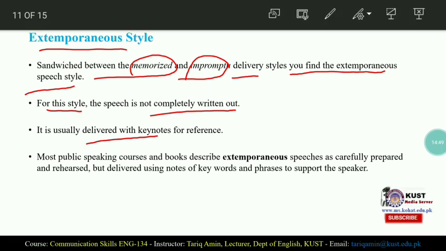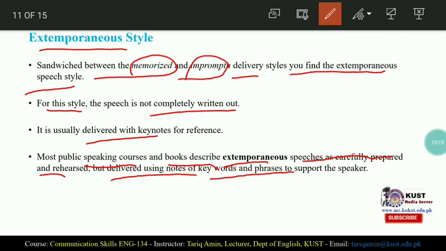Most public speaking courses and books describe extemporaneous speeches as carefully prepared and rehearsed, but delivered using notes of keywords and phrases to support the speaker. So this style is carefully prepared, carefully rehearsed.